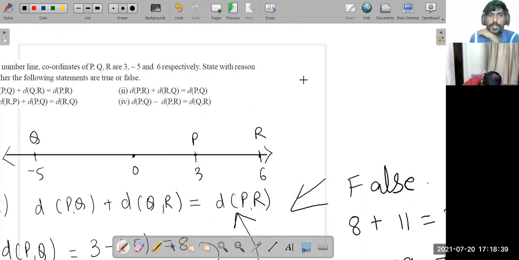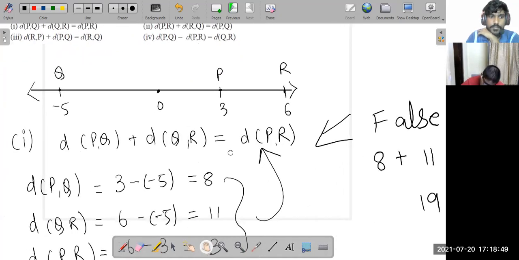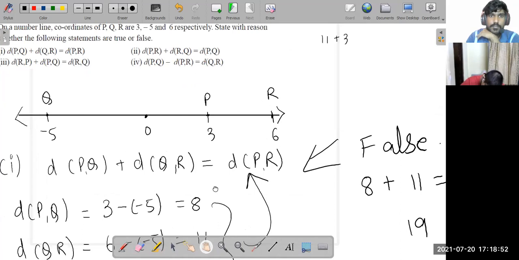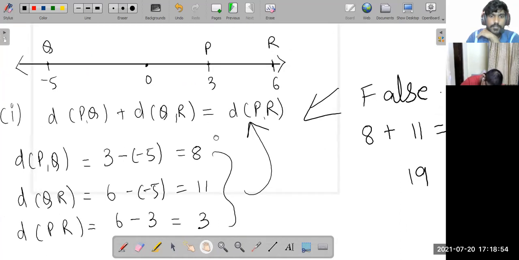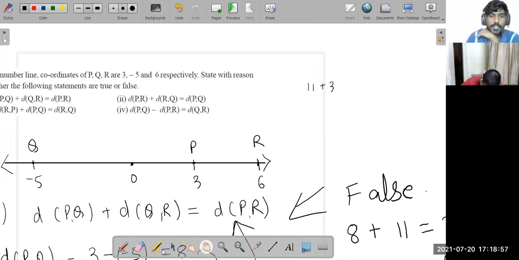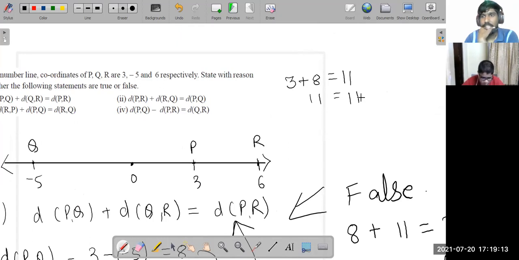The LHS will be 11 plus 3, and 8. The LHS is equal to the RHS, right? Are you getting it? Doing it, sir. Okay, do it.